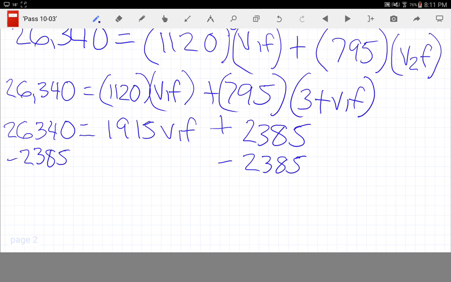And then you'll subtract that over. Is that independent of the left side? You're going to subtract your 2385 and divide over the 1915 to find our V1 final.